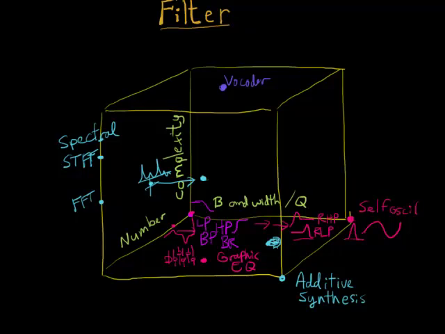What makes something like a TB303 or a Minimoog filter sound interesting is the distortion. So this is a simple filter. It's a low pass resonant filter, so that puts it somewhere around here on this axis. But due to the distortion, you could think of it as adding in complexity, so this would be a distorted filter.